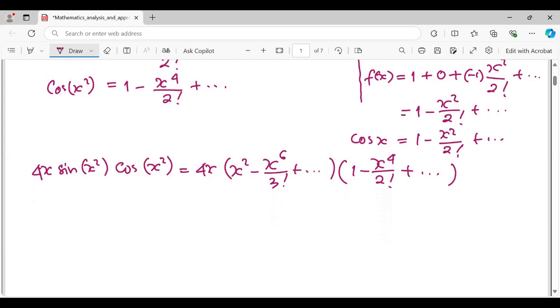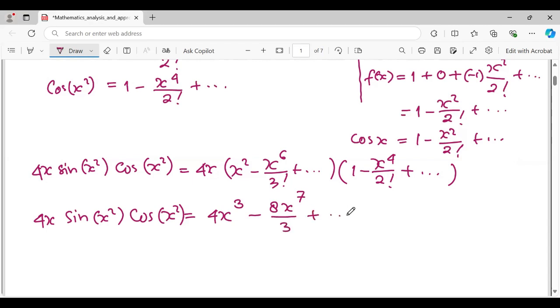And if you calculate it, if you multiply term by term, you can find the Maclaurin series of f(x) equals 4x sine x squared cosine x squared is 4x cubed minus 8x to the 7 over 3, so on.